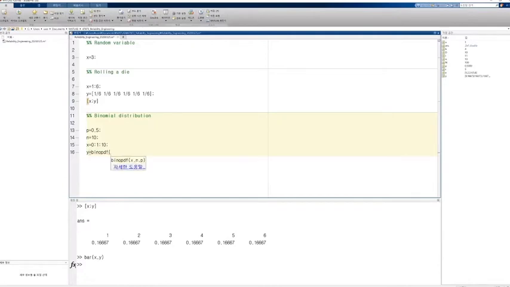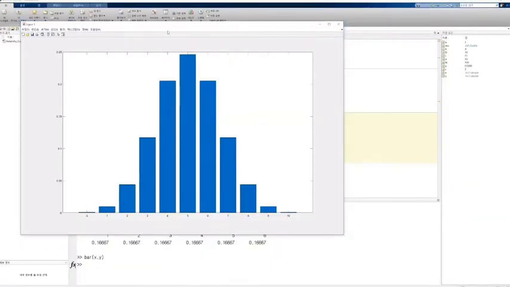So we are going to apply x, and n and p, the total number of trials and the probability of each success. And x and y will give us this type of distribution.